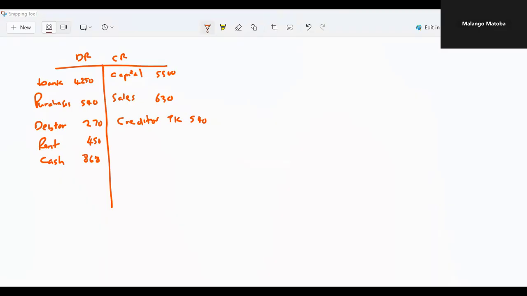So help me here. What do you think will be the balance? What do we have?